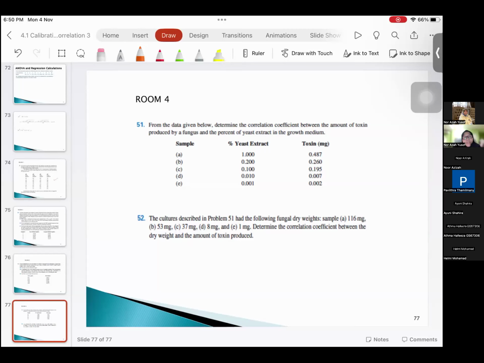After that, if you're in room 1, it means you have question 1. If you're in room 2, and so on, there will be 4 groups. I'll be sharing this slide with everybody, so everybody will know the questions. I will leave it to you whether you want to continue from 8 to 9 using your own meeting, whether Google Meet or whatever, or you decide in your group to do it at a different time.